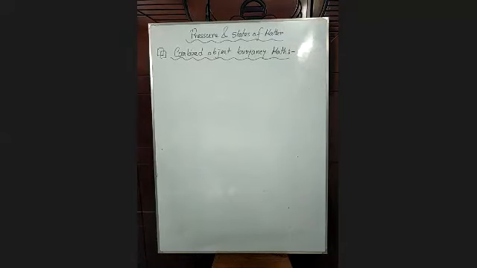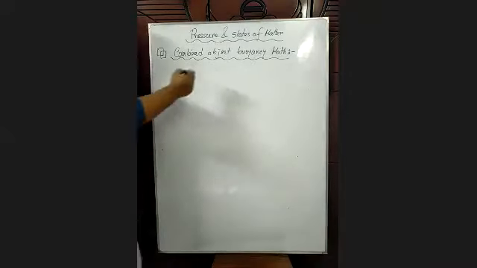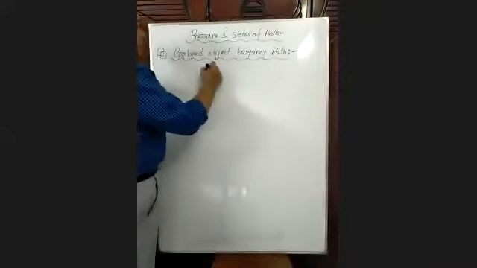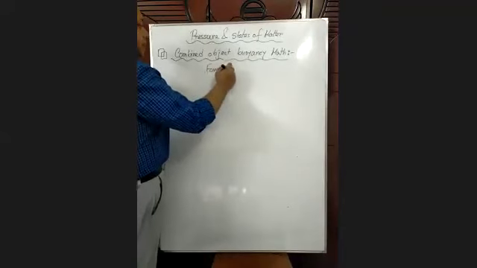So this is the math. You are given two objects. The first one is an iron bar, which has a density of 7,000 kg per meter cube and a mass of 80 grams.